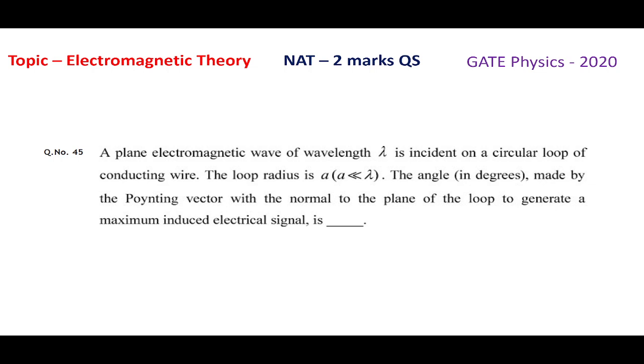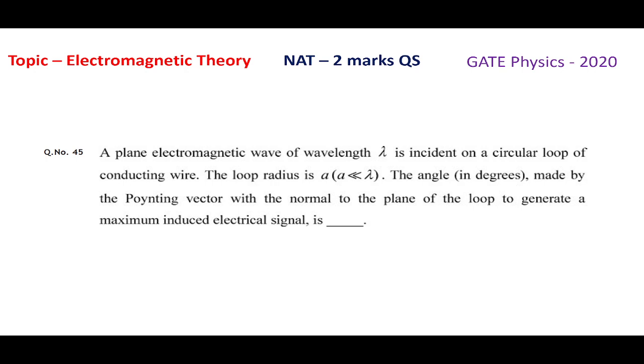Okay, fine. So now what is the induced EMF formula? Minus d phi by dt. Yes, minus d phi by dt. So phi is your magnetic flux, right? So here what is changing? The area is constant. So flux is basically your magnetic field times the area of the loop, right?